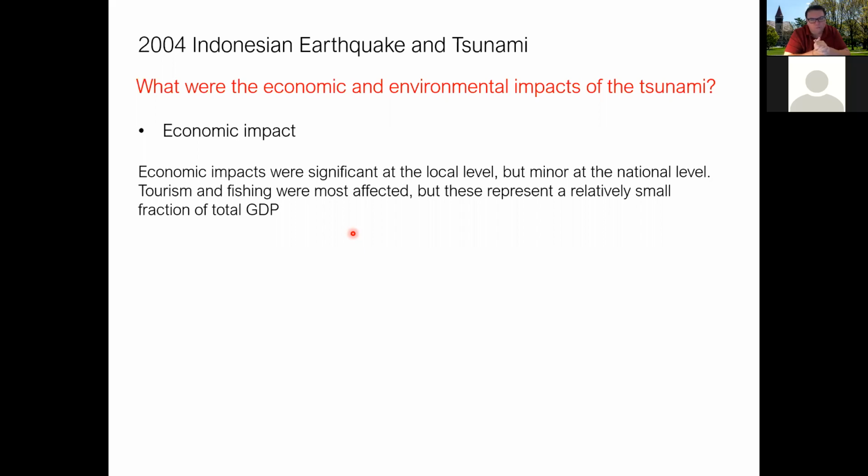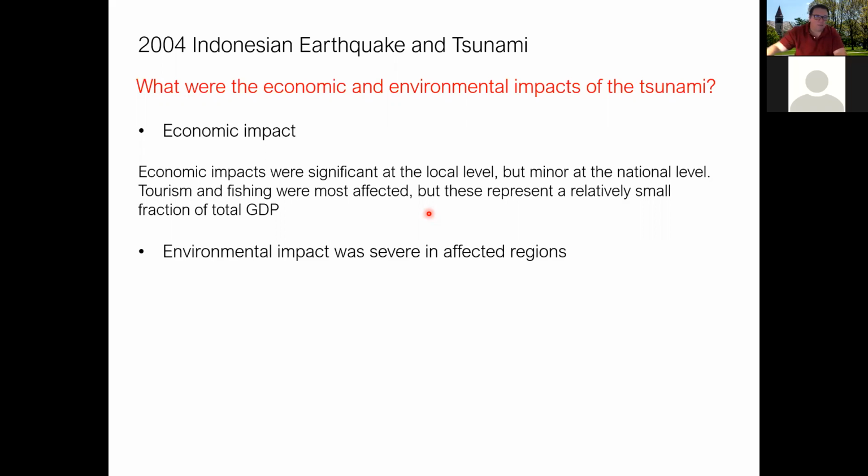Industries like tourism, fishing, and also trade, so port cities and such, can be most affected. But in most countries, they represent a relatively small fraction of the gross domestic product. So in essence, an economic impact can be extreme in localized areas, but often is relatively minimal on the broader scale.